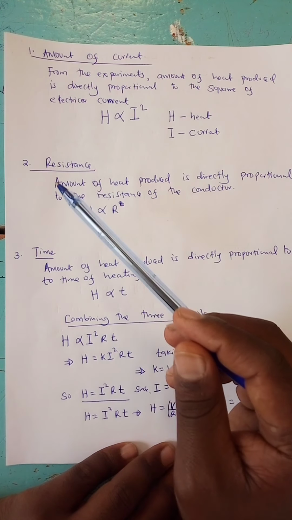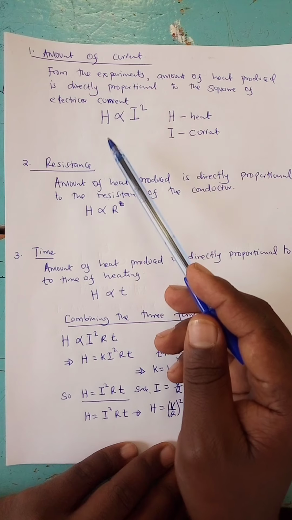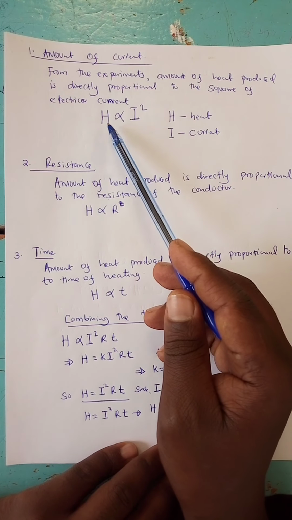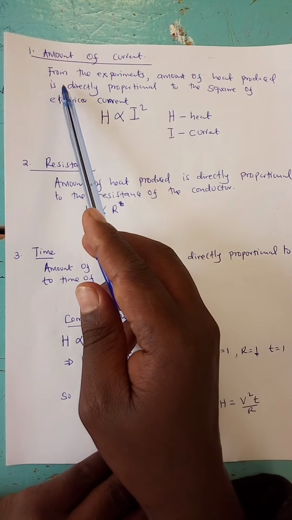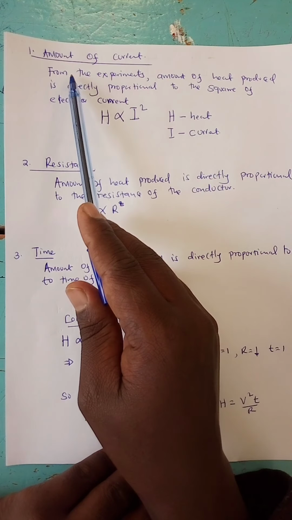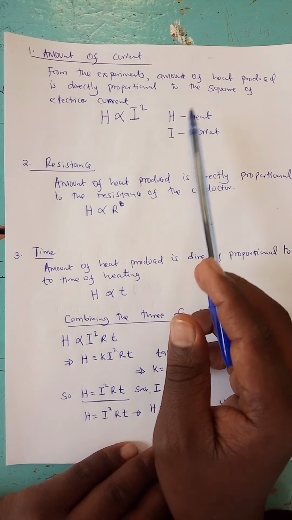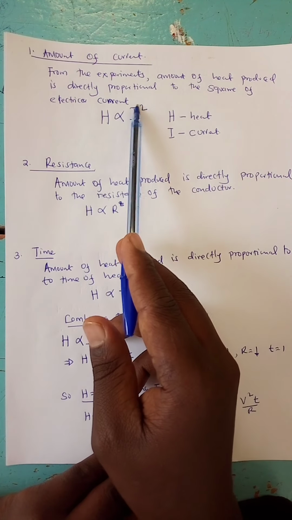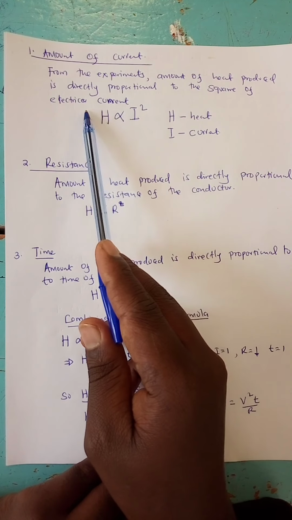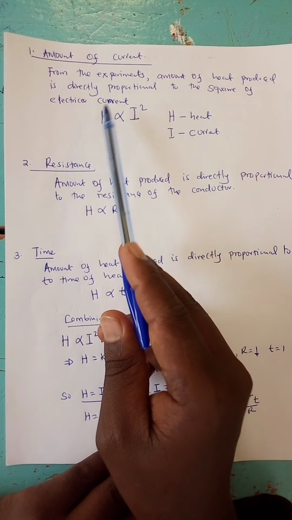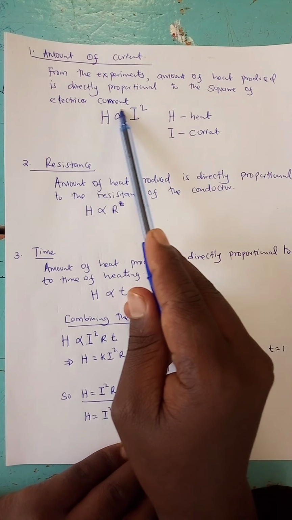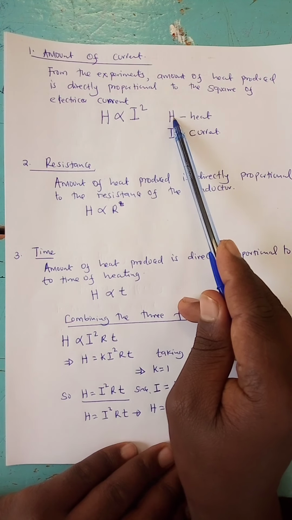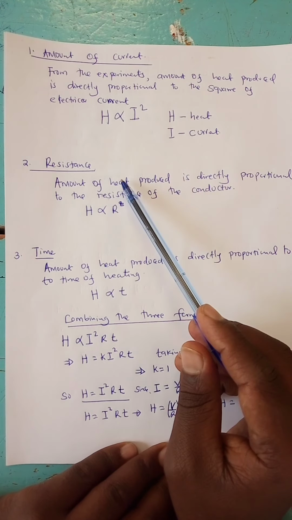If you have more current, you shall have more heat produced. When the experiments are done, the amount of heat produced is always directly proportional to the square of the electric current. So we'll have mathematical representation as this, where H is the heat and I is the current.